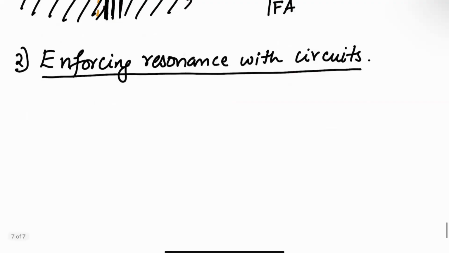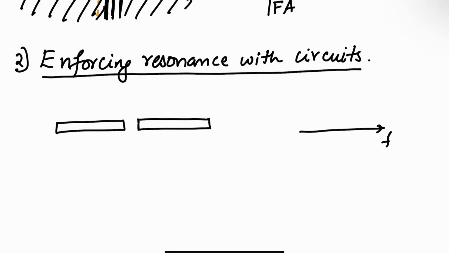Okay, so what does that mean? The simplest example is we can go back to a dipole. We know that a dipole below resonance is capacitive, because it's essentially like a capacitor at low frequencies, and above resonance it's inductive, right? So let's say my resonant frequency is F naught here.